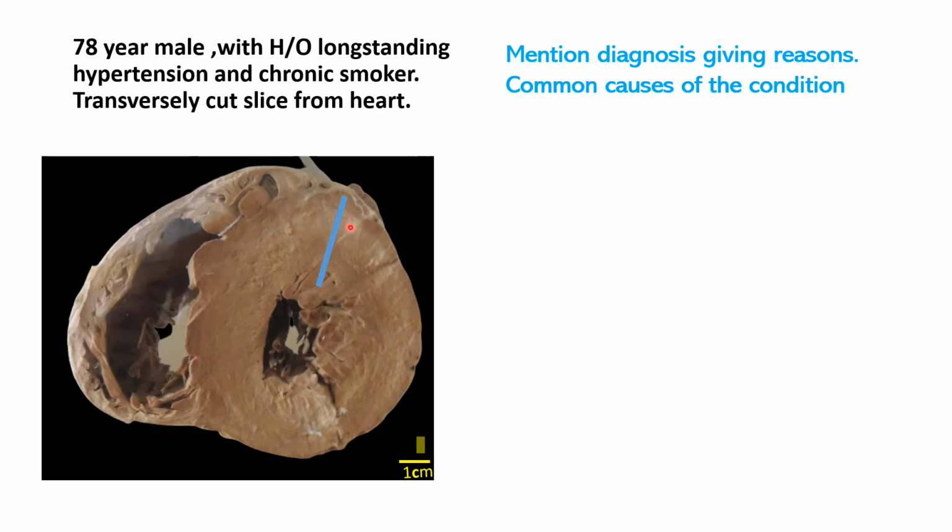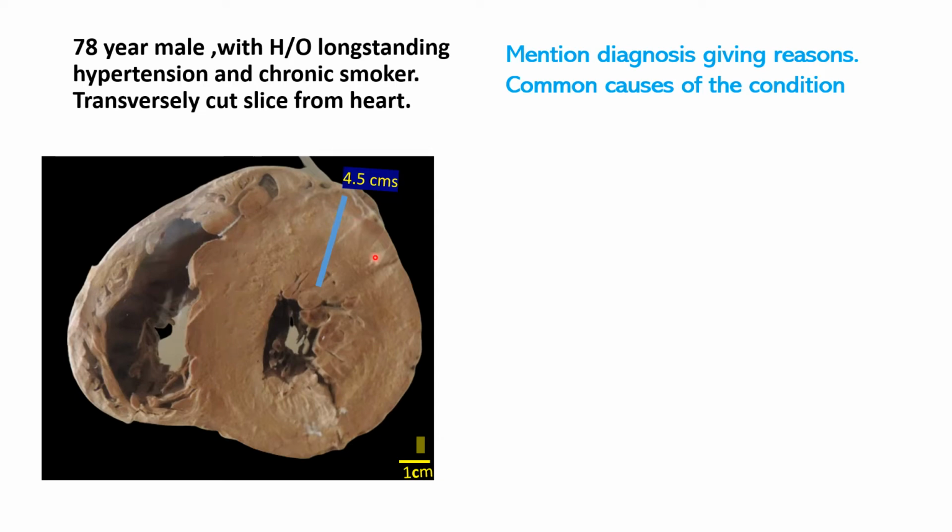Now in the left ventricle, you observe the thickness in this case was 4.5 centimeters. Now the normal thickness of the left ventricle is about 2 centimeters if taken below the atrioventricular junction on the lateral wall of the left ventricle. In this case, this 4 to 4.5 centimeters thickness is seen on the lateral wall as well as in the interventricular septum.